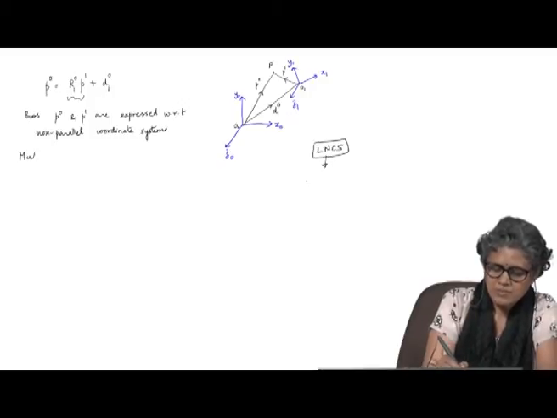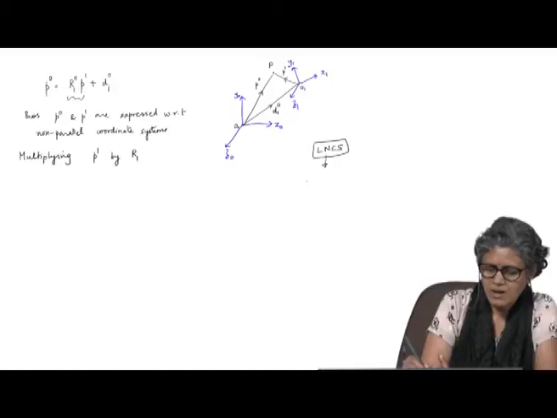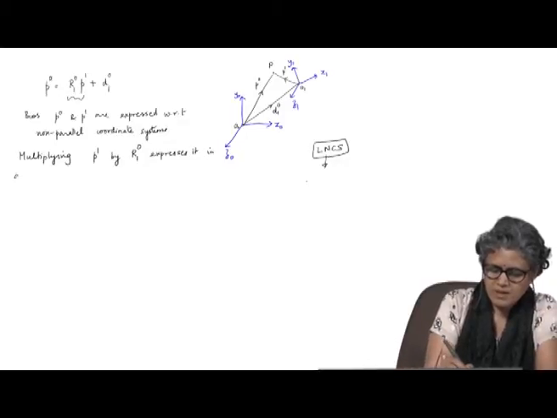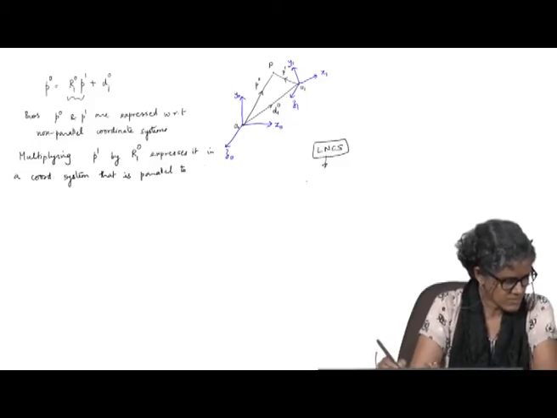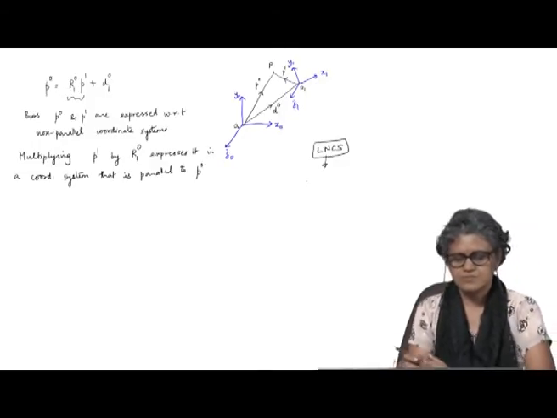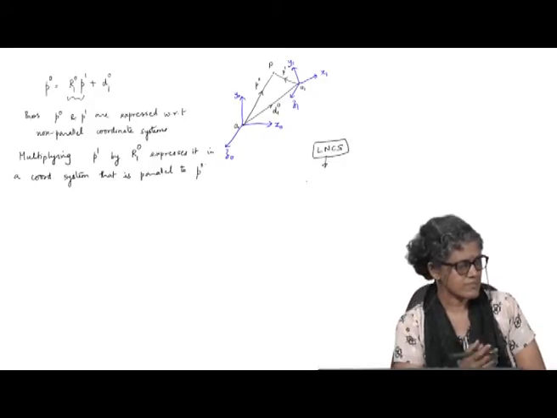So, basically multiplying P1 by R10 expresses it in a coordinate system that is parallel to P0. Okay.